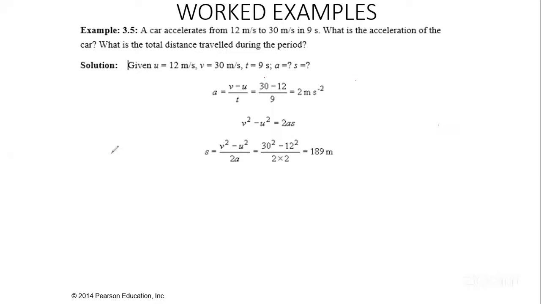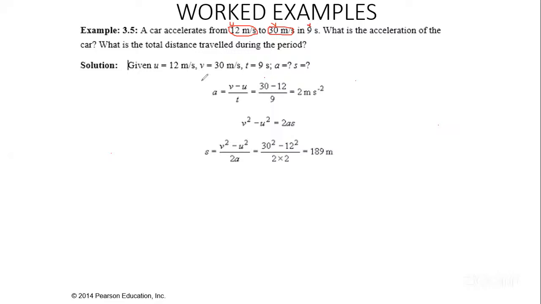Now, we are given initial and final velocity. 12 meters per second is the initial velocity, whereas 30 meters per second is the final velocity, and this is t.